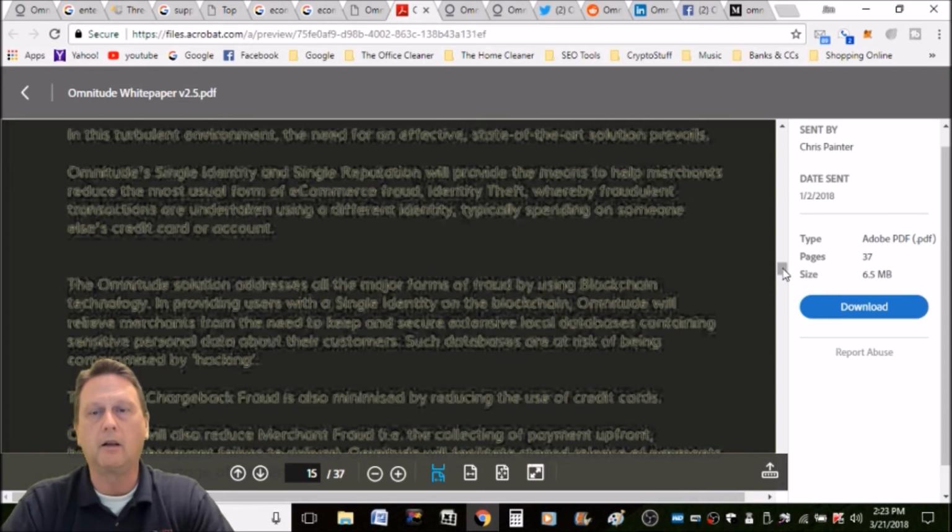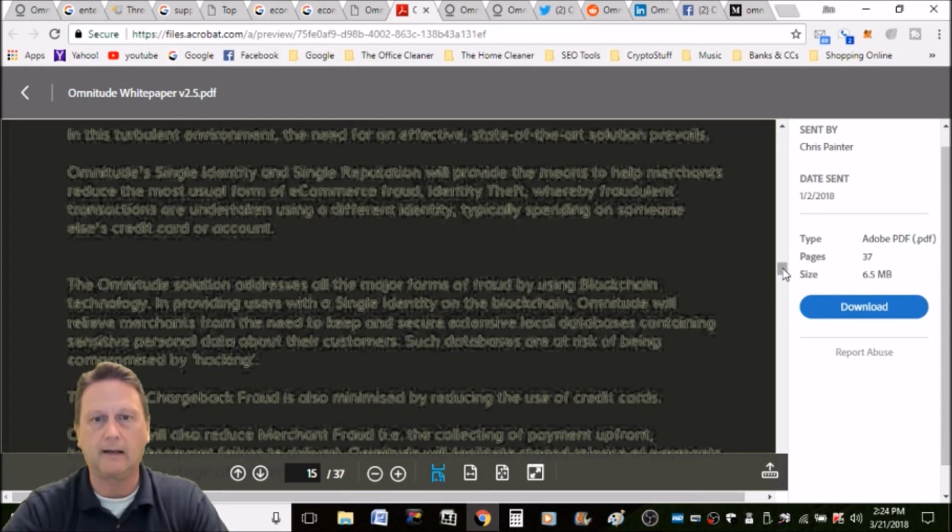You'll go through the KYC process with them one time, and from then on your information stays with you, within your profile, and you'll be able to use the Omnitude platform and an app to transact with those merchants. You won't have to keep filling out online profiles all over the place and putting all your information on 100 different sites in order to get things. Everything will be secured and maintained on the blockchain.